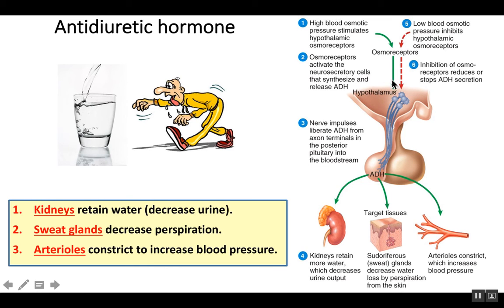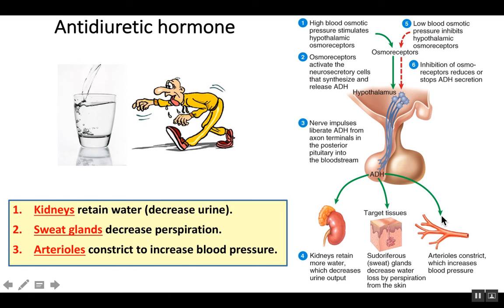So when we are dehydrated, the hypothalamus detects the dehydration and synthesizes antidiuretic hormone, or ADH. This hormone gets transported using neurons to the posterior pituitary. Nerve impulses liberate the ADH from the axon terminals in the posterior pituitary. Then the hormone is released out into the bloodstream.